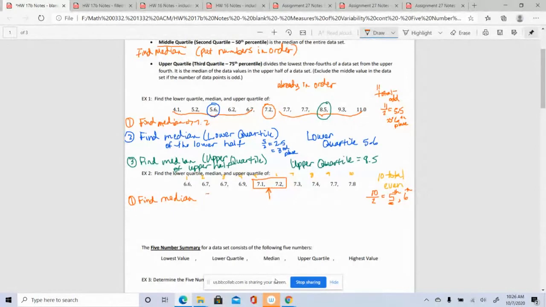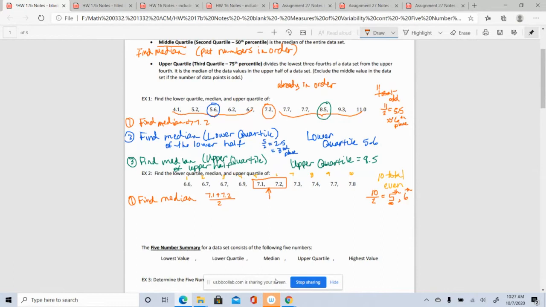Very good. So we take 7.1 plus 7.2. It's kind of like we're finding the average of them. We want to know the number that's right in the middle. So do that on your calculator: 7.1 plus 7.2 divided by 2. Now, you've got to be careful with your calculator.